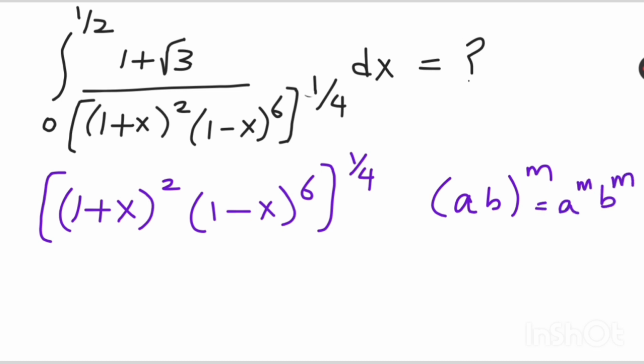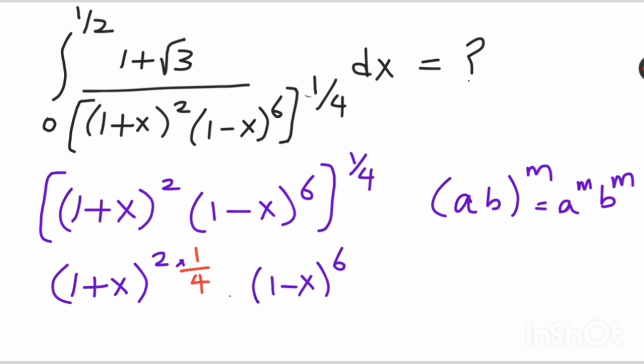Similarly, here we can write this as (1 plus x) whole raised to the power of 2 times 1 by 4, times (1 minus x) whole raised to the power of 6 times 1 by 4. After cancelling, we are left with only 1 over 2 here, and here also after cancelling we get only 3 over 2.